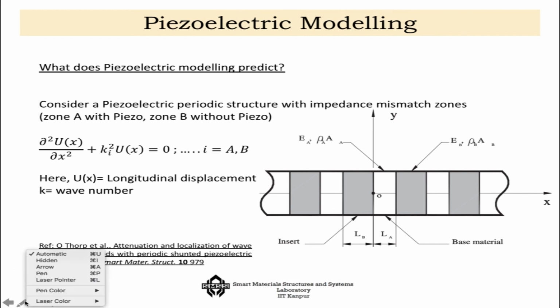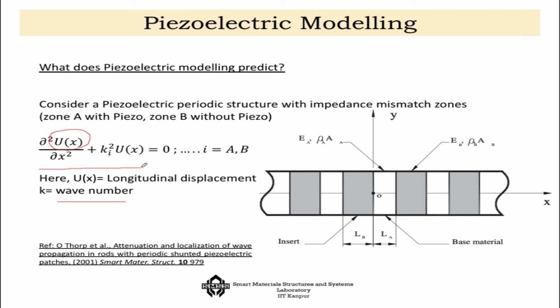So here is an equation of motion, as you can see, which is different from the earlier two equations that we have seen, because now we have the longitudinal displacement ux, the spatial variation of it with respect to the wave number, and we can get the equation for this longitudinal displacement, and similarly you can also get it for thickness-wise displacements, but these changes are happening because of the piezoelectricity that is there in the piezoelectric patches.